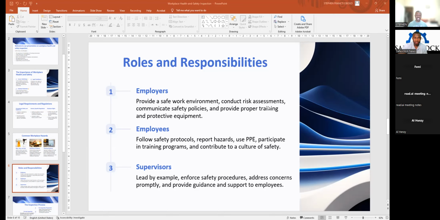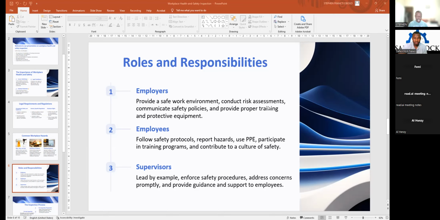It's not only the responsibility of the health and safety practitioner, but health and safety is everyone's responsibility. That is why when it involves the employer, it also involves the employee. Everybody must work together in collaboration to achieve a safe work environment.